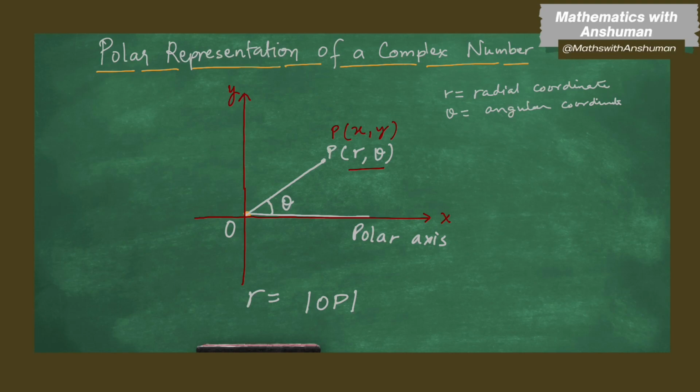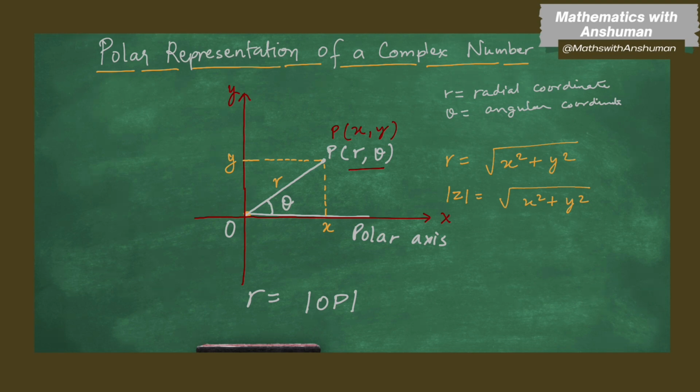And then the very point P(x, y) has projections on x-axis as x and projections on y-axis as y. But we know that OP is equal to r. So our r is equal to under root x square plus y square. Or the modulus of the complex number z is under root x square plus y square.